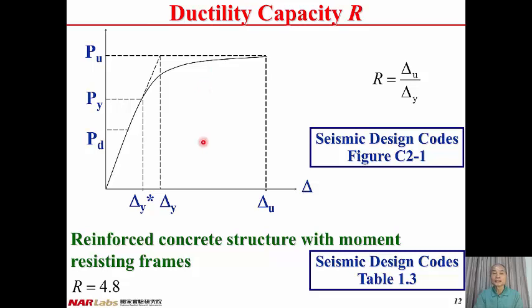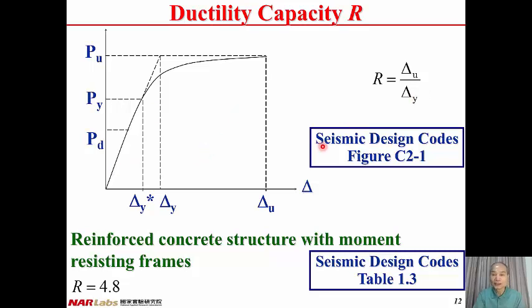And the curve here is the displacement force relationship of a structure under earthquake. And the curve here can be approximated by an elastic perfect plastic system. Therefore, we have delta Y, the yielding displacement, and delta U, the ultimate displacement. The ratio between delta U and delta Y, that's the ultimate displacement to yielding displacement, equals R. Therefore, R is defined as the ratio between ultimate displacement and yielding displacement.